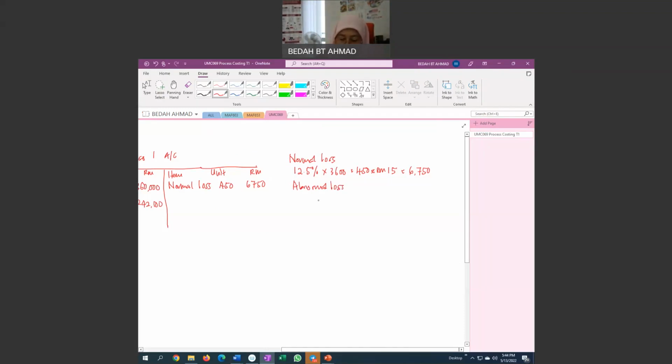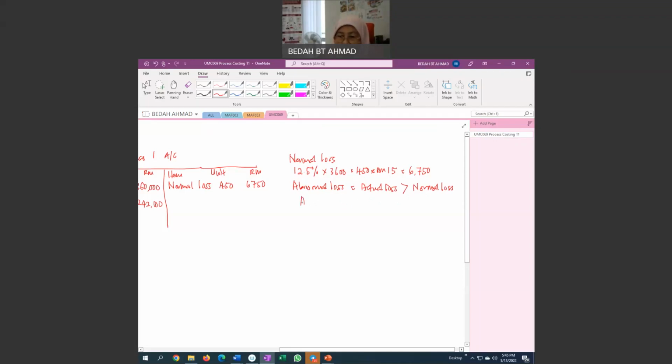Abnormal loss happens when the actual loss is more than the normal loss. So that will contribute to the abnormal loss.